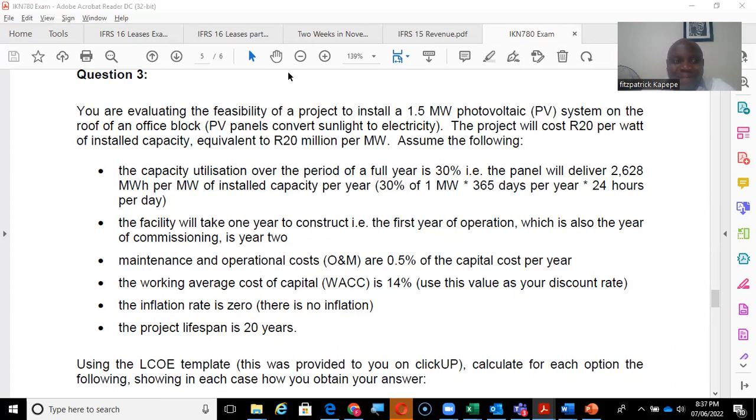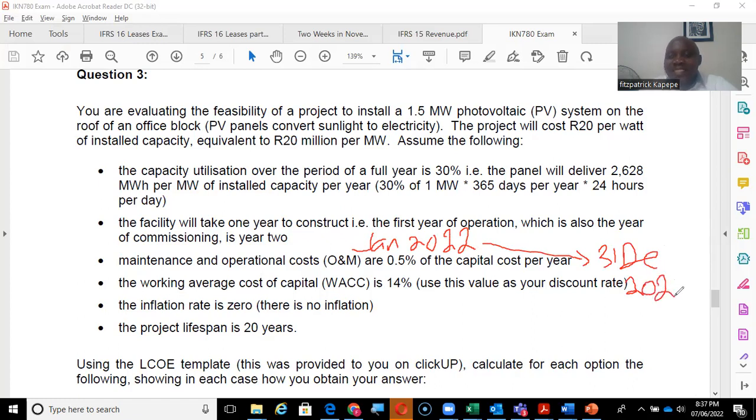Let's think. If construction will take 1 year, say you're in January 2022, it takes 1 year to construct, meaning it will go up to 31st December 2022.